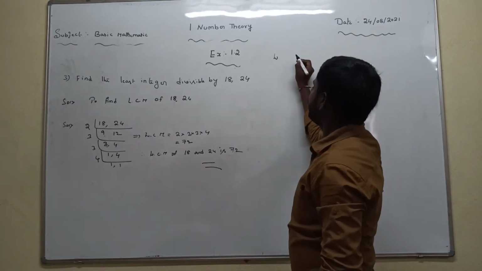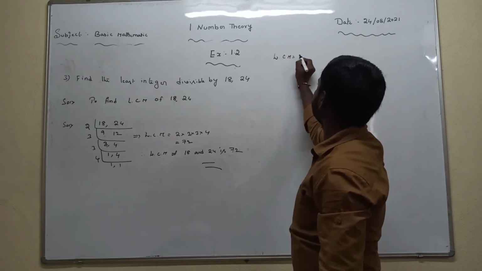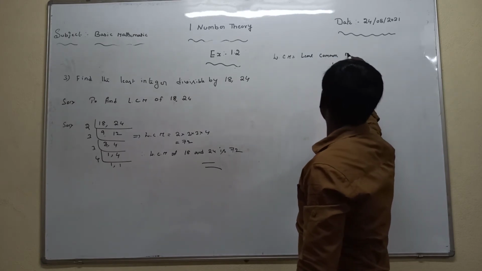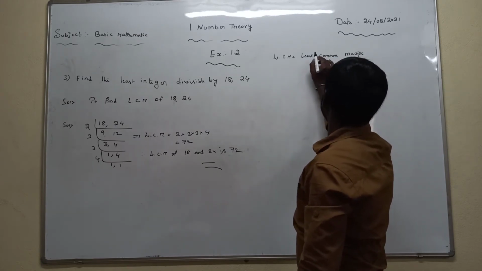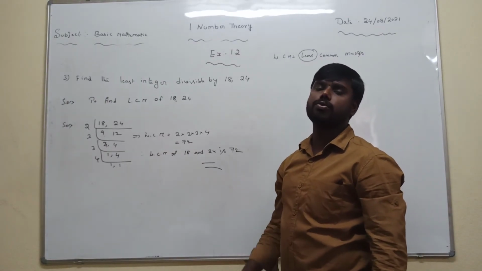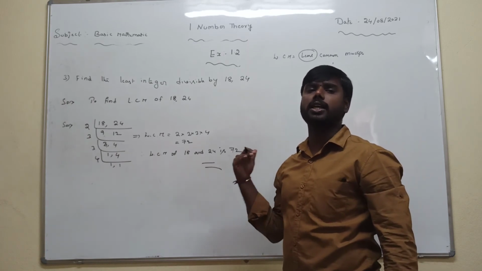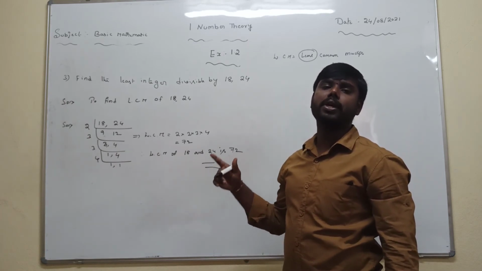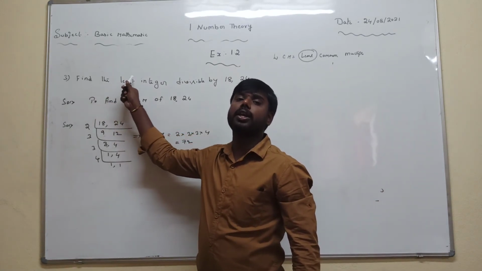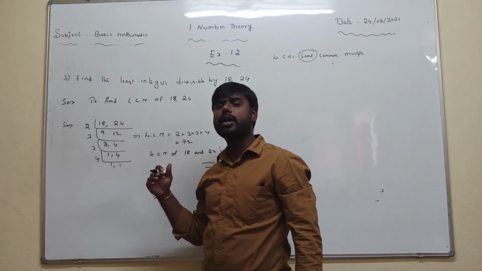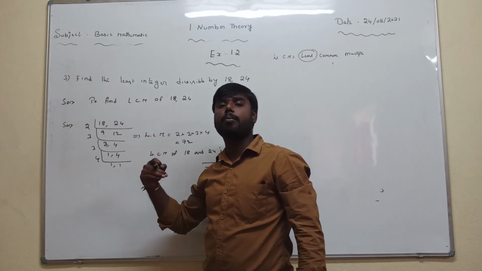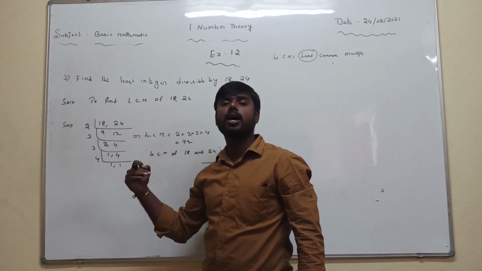Why are we applying the LCM method? LCM stands for least common multiple. So what is the first word here? Least. Whenever we are asked to find the least number or least integer, we apply the LCM method. That's why, for find the least integer divisible by 18 comma 24, first we have to apply the LCM method.